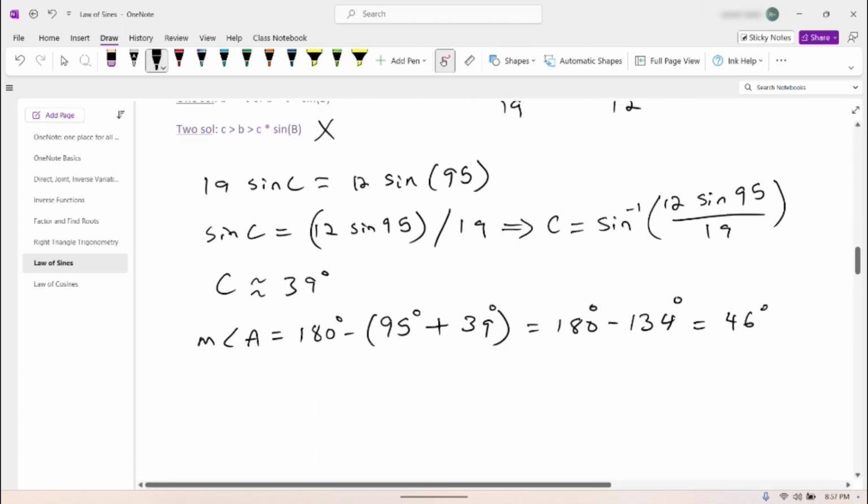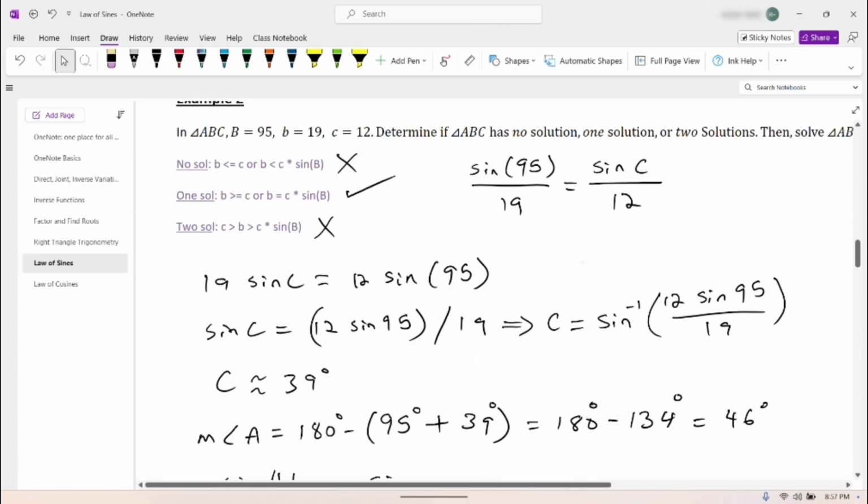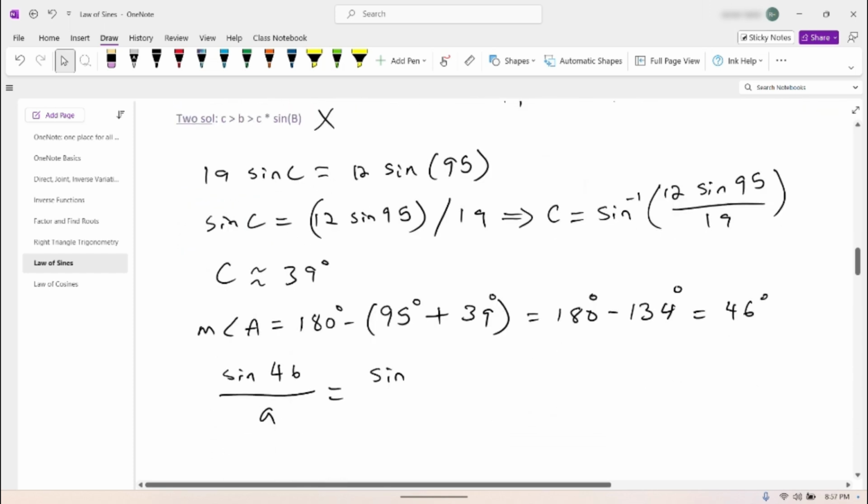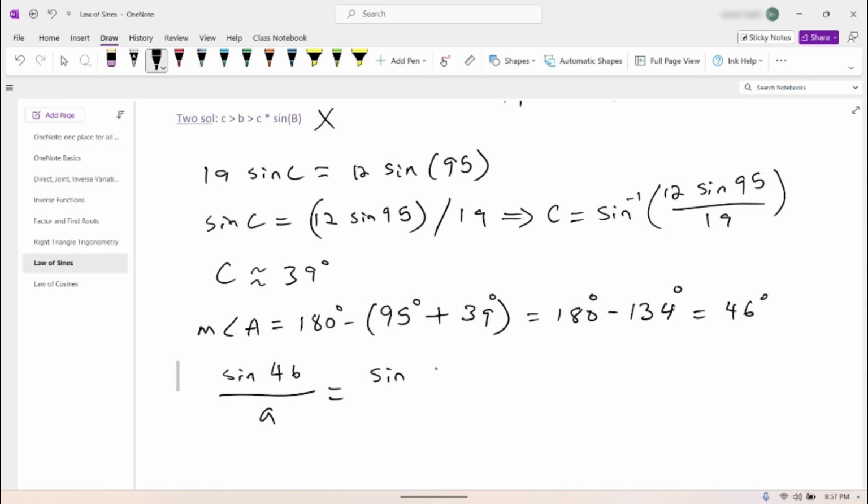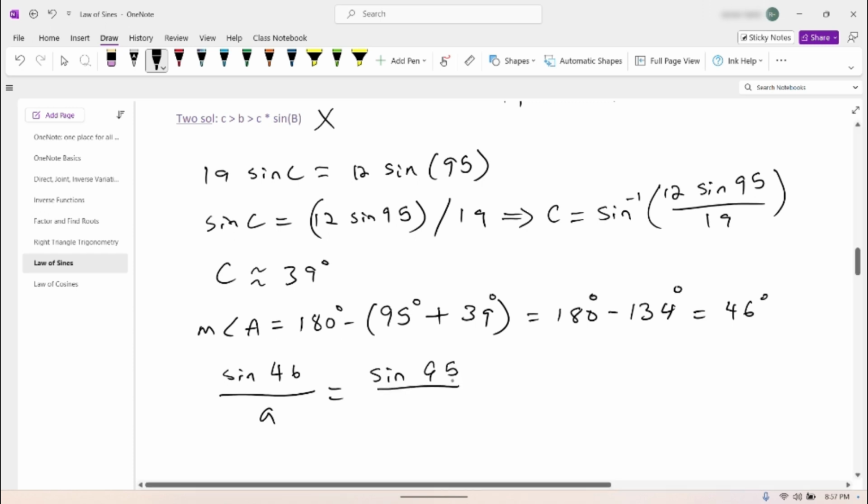And now I can solve for the side by using law of sines. So sine of 46 over A equals sine of, let's use the information from B, sine of 95 over 19. Since we approximated the angle and side for C, we're not going to use that.